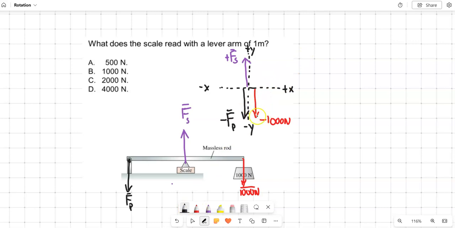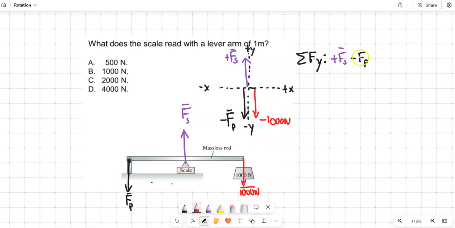Okay. So we have 1,000 newtons down to match this. We have the force at the pivot point down, and we have the scale up. So we're going to sum our forces in the y direction. Okay. I'm going to do the scale force first. Then I'm going to do the pivot point force next, the force at the pivot point.